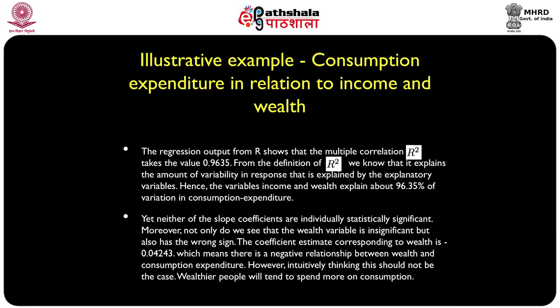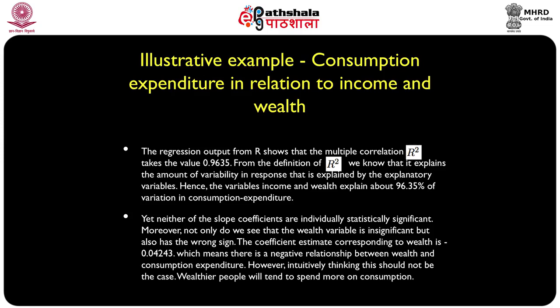Yet, if we look at the coefficients, neither of the slope coefficients corresponding to income or wealth are individually statistically significant. Moreover, not only do we see that the wealth variable is insignificant, but it also has the wrong sign. We know that wealthier people tend to spend more on consumable items.